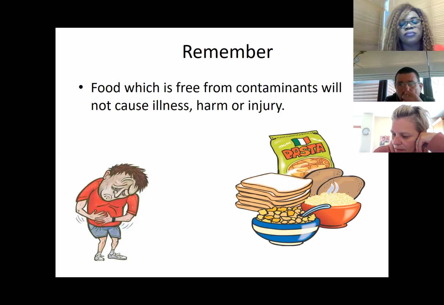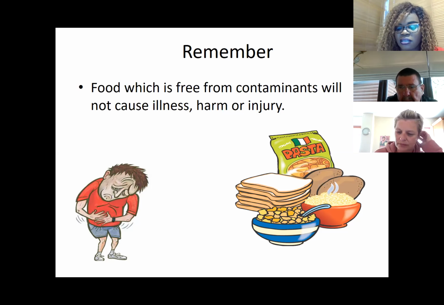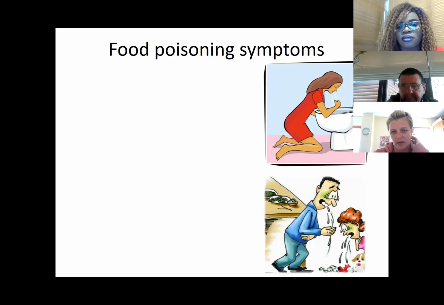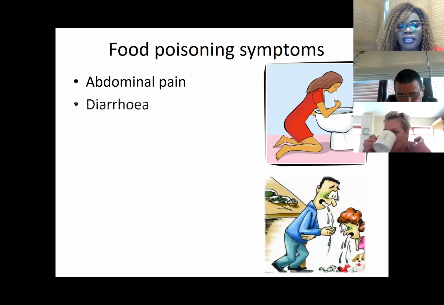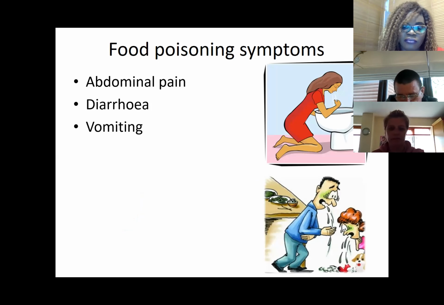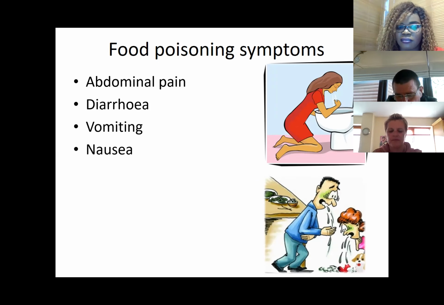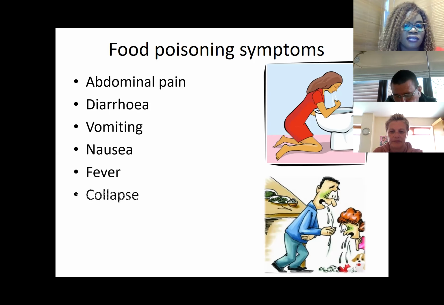It's very important. So if microorganisms get into the food, what happens then? You have foodborne illness. And there are certain symptoms that are characteristic of foodborne illness. So you have things like abdominal pain, diarrhea, vomiting, nausea, fever, sometimes collapse, and dehydration.